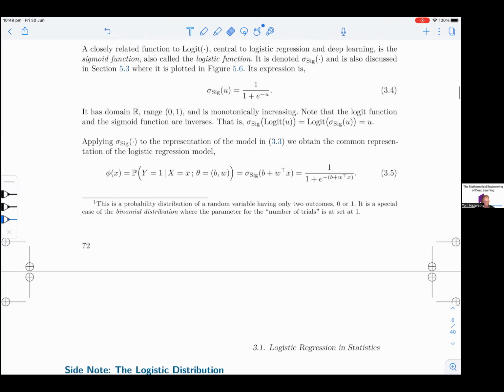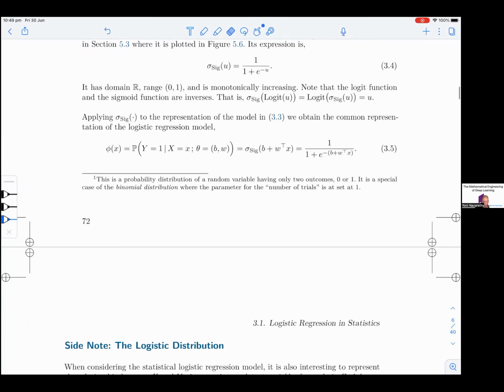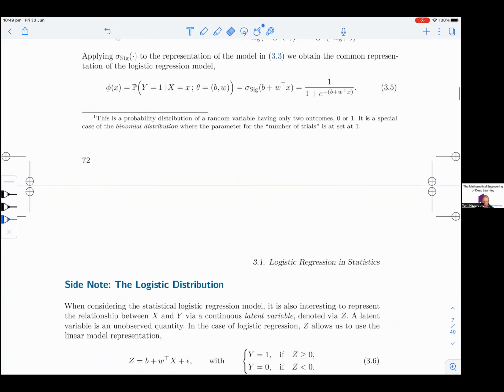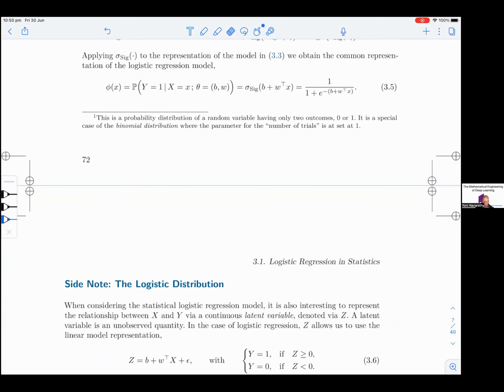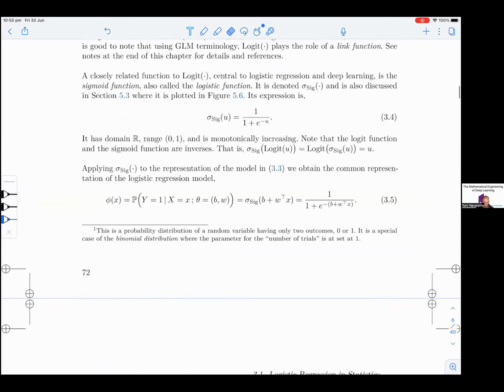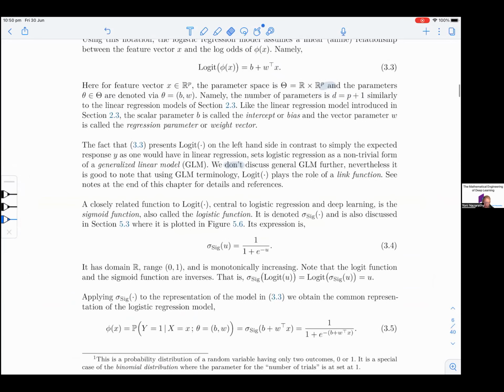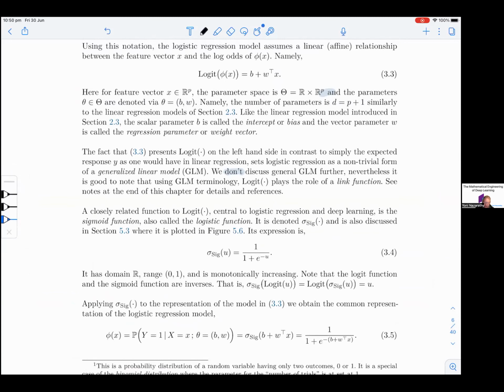Applying sigma sigmoid to the representation model in 3.3, we obtain the common representation of the logistic regression model. So if we go to this relationship and apply sigmoid, the sigmoid will undo the logit, and then phi of x would be the sigmoid of this thing.